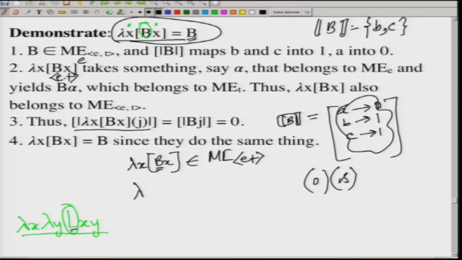What about lambda x, lambda y, L x y? You can see that it will take one e and then give another e to t, and then finally it will take another e and finally give t. So this will belong to m e to e to t. So we can have very complex functions and define the type of that by using this.